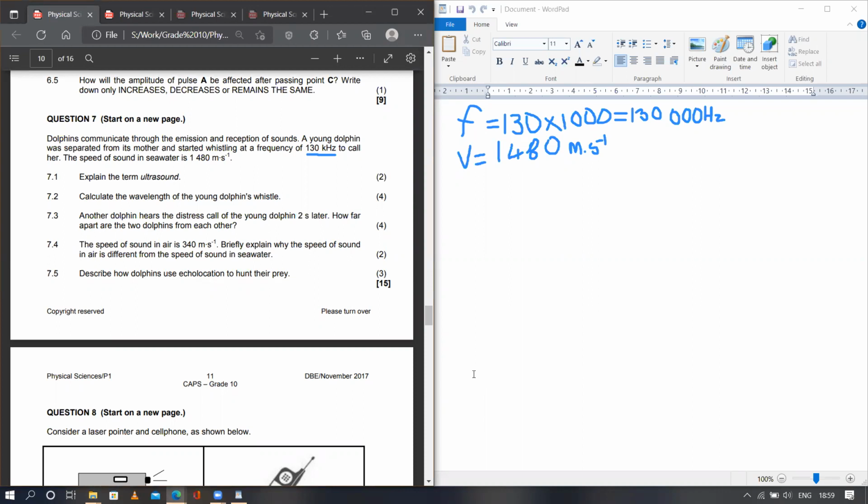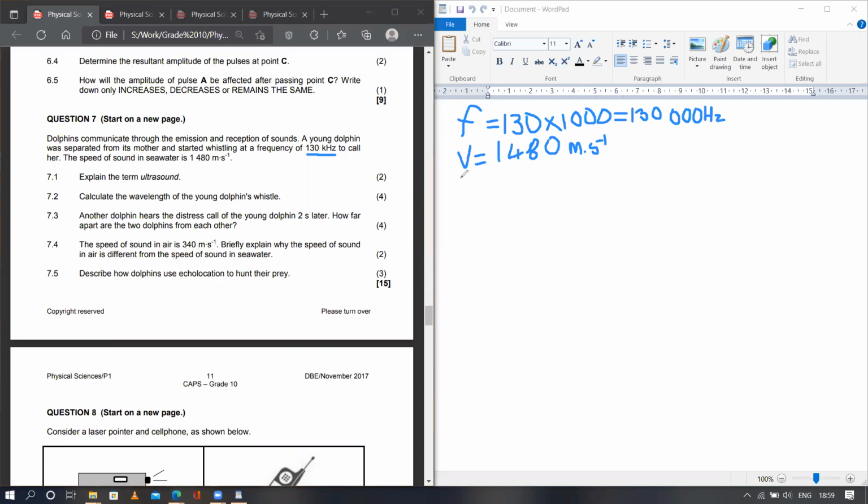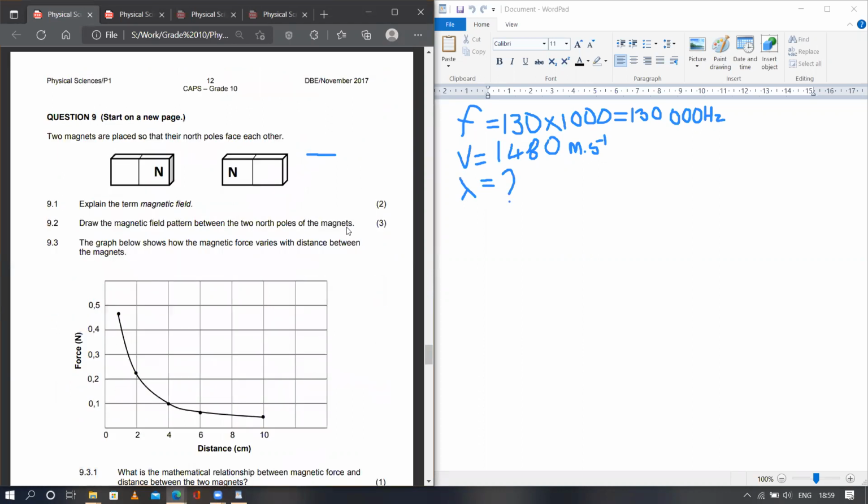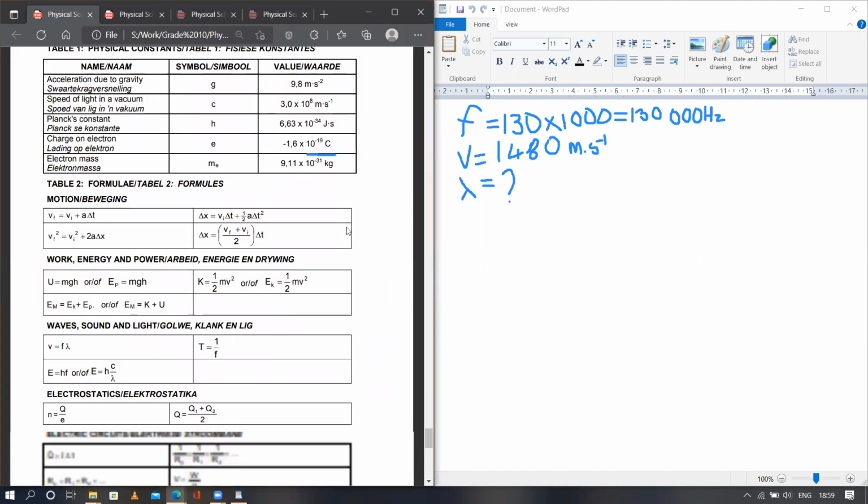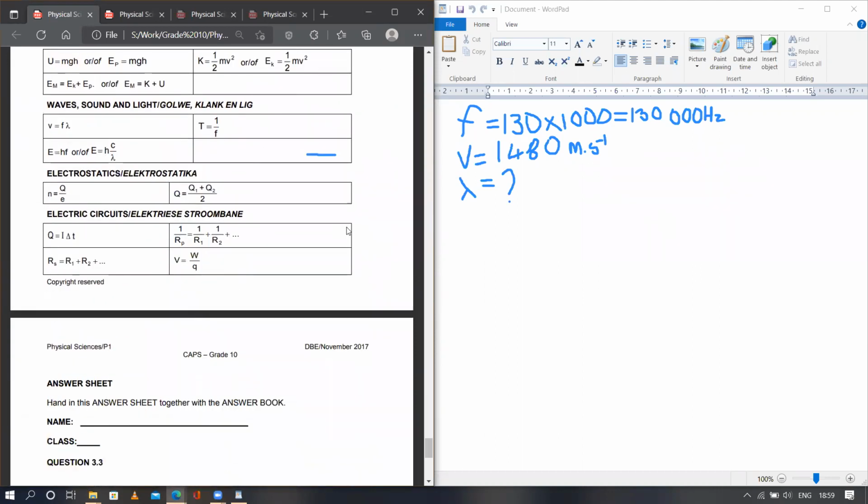The symbol for wavelength is lambda, which we have to find. So we go to our question paper, to the formula sheets, and look for an equation that has frequency, velocity, and wavelength. And here it is.